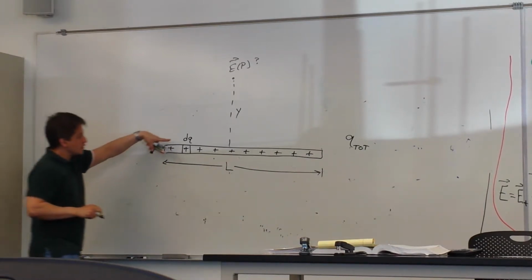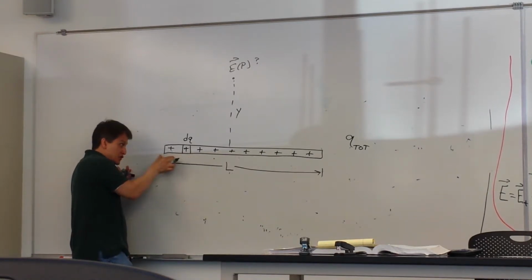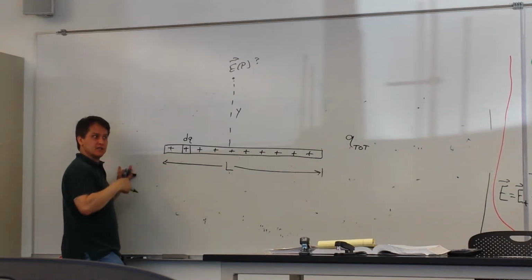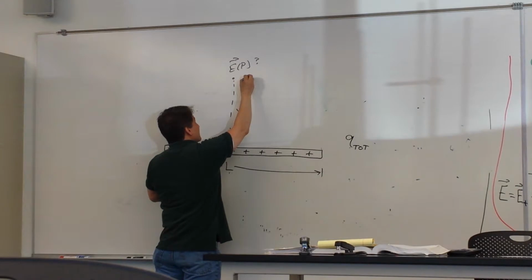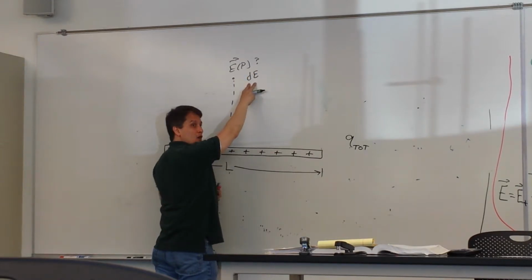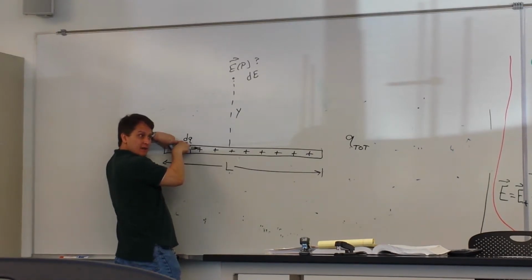Well, for each chunk of charge that I choose to hypothetically chop this rod into, up here the electric field, I'm going to call it dE, because it's just the electric field due to this little charge alone.